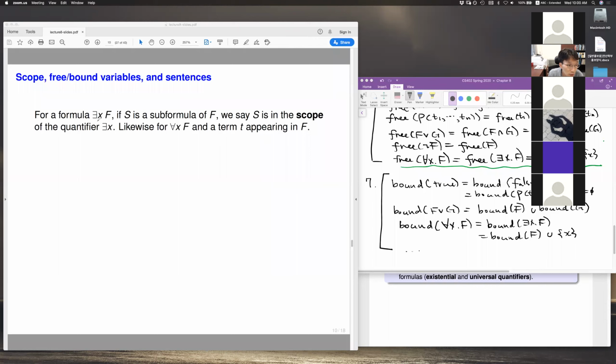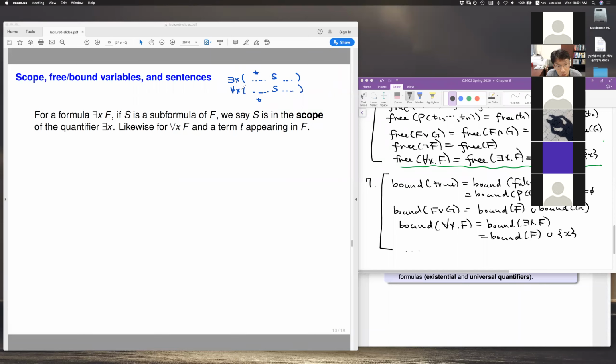If you have an existential or universal quantification, like exists X or for all X, and inside the existential or universal quantification, we may have some formula S that appears there, or maybe inside some predicate, we may have some term T appear there. Then we say both the term T and the formula S are in the scope of this existential quantification.